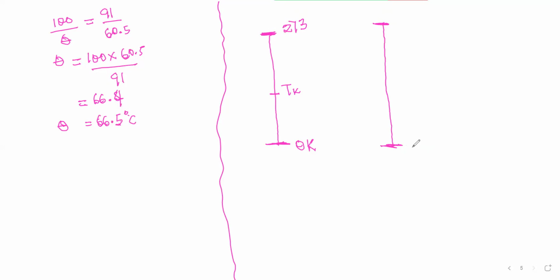So at 0K, this is minus 0.5 centimeter. And at 273, we are told the length is 90.5. That's the only difference. At 60 centimeter, that is TK.